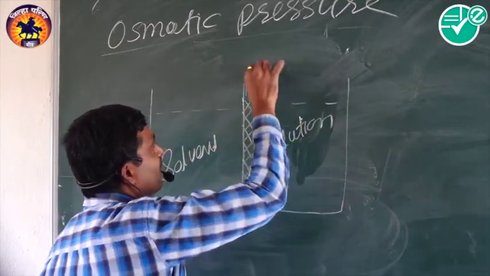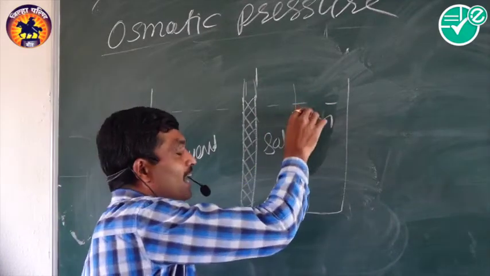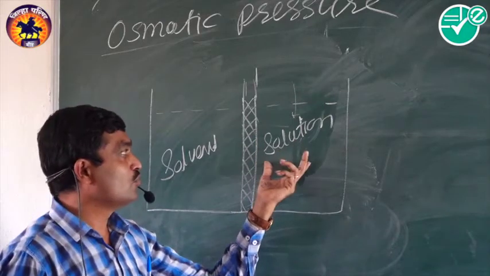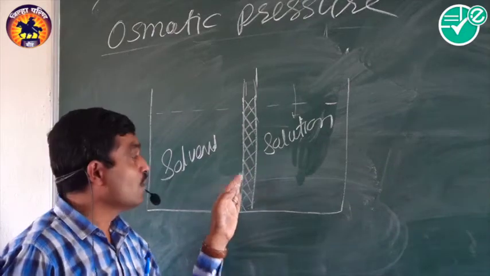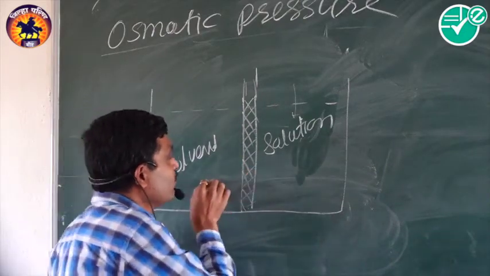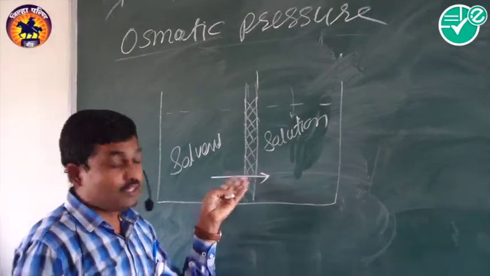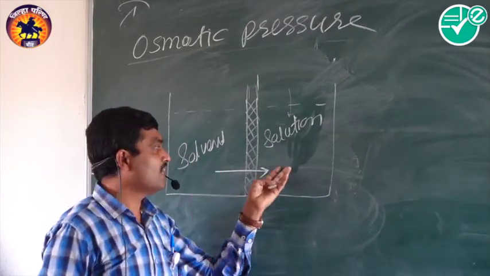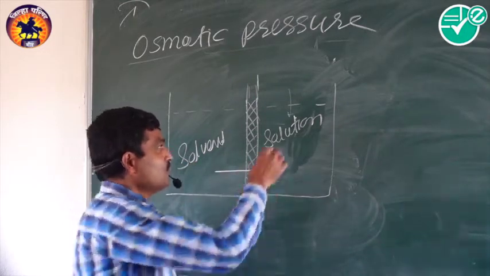Because this is a semi-permeable membrane which allows only the solvent particles, the flow of solvent molecules is from the solvent to the solution, that is, from lower concentration to higher concentration.